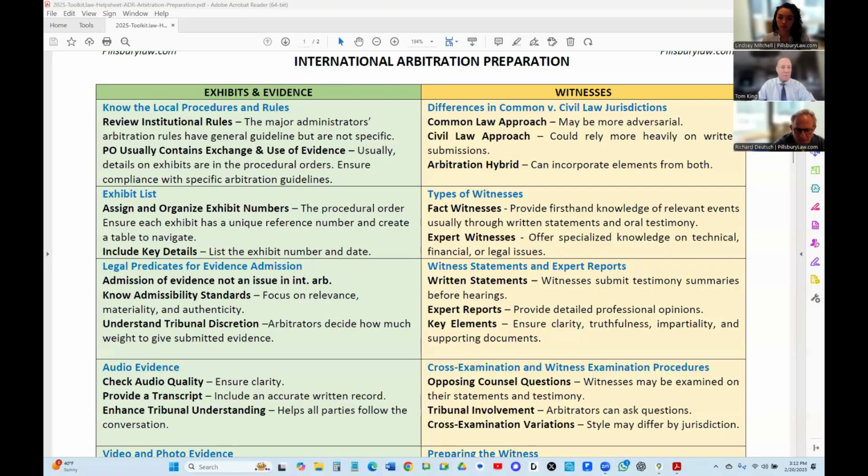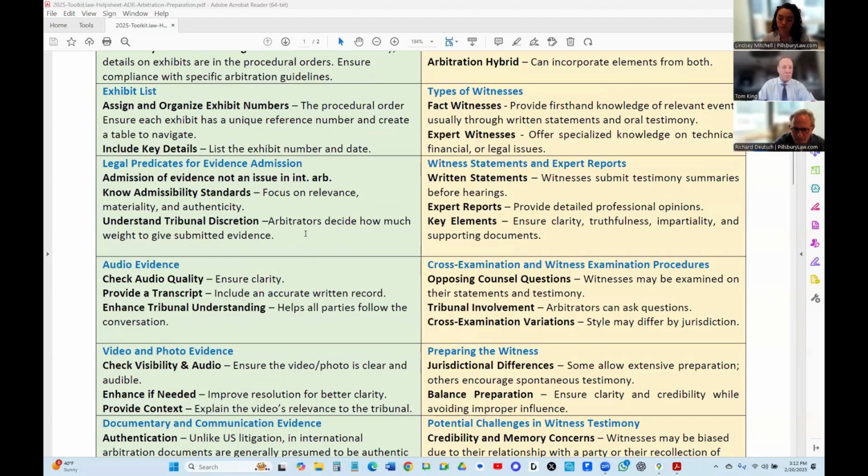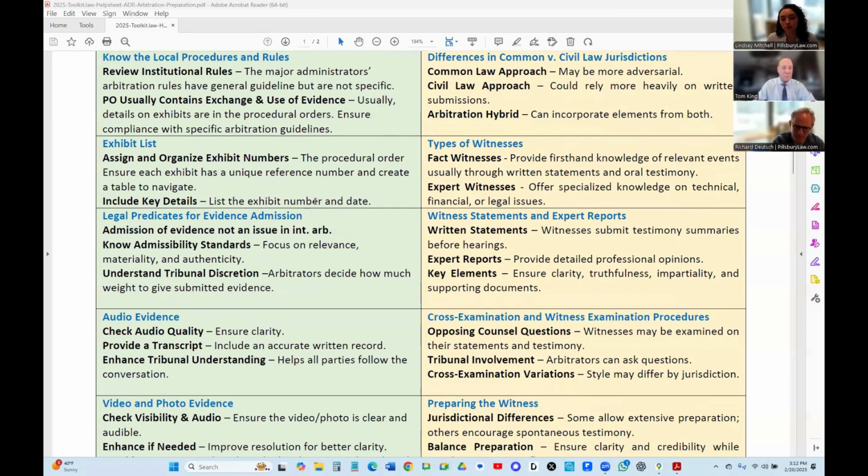So the schedule and methodology are usually determined by the arbitrators and the parties, or the arbitrators may adopt what the parties want. Oftentimes, they'll look to outside soft sources to help guide evidence and exhibits. One common source is called the IBA Rules on the Taking of Evidence in International Arbitration. These provide guidelines on document production, witness testimony, expert reports.